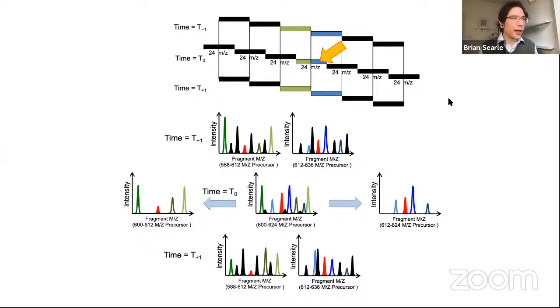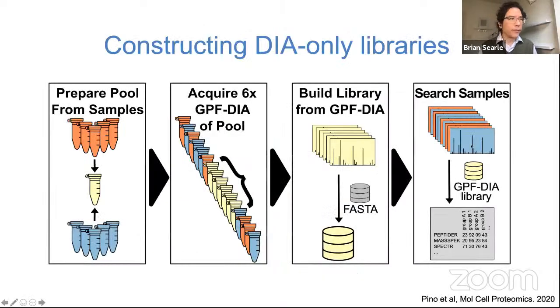Okay, so can I elaborate a little bit more on the GPF strategy for building libraries? I want to show you this slide here again. Say we've got 30 samples, 15 blue samples and 15 orange samples.